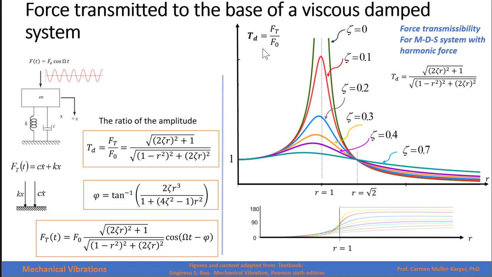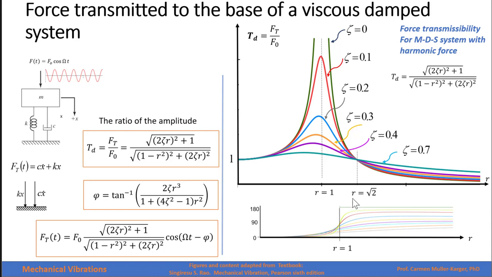The transmitted force will be equal to the magnitude of the force. For undamped systems, theta equals 0. At resonance, the transmissibility factor tends to infinity. It means that if we are in resonance, the force transmitted to the base is very, very large.